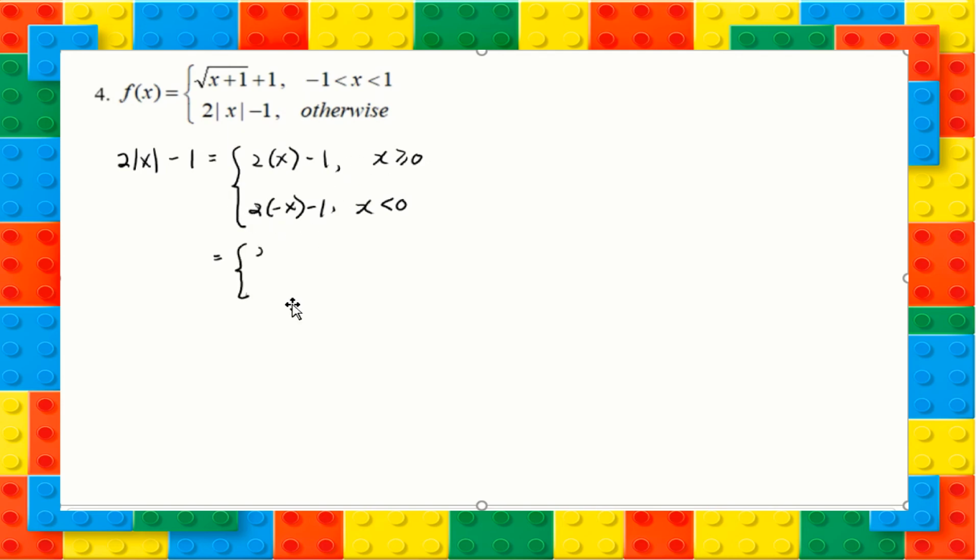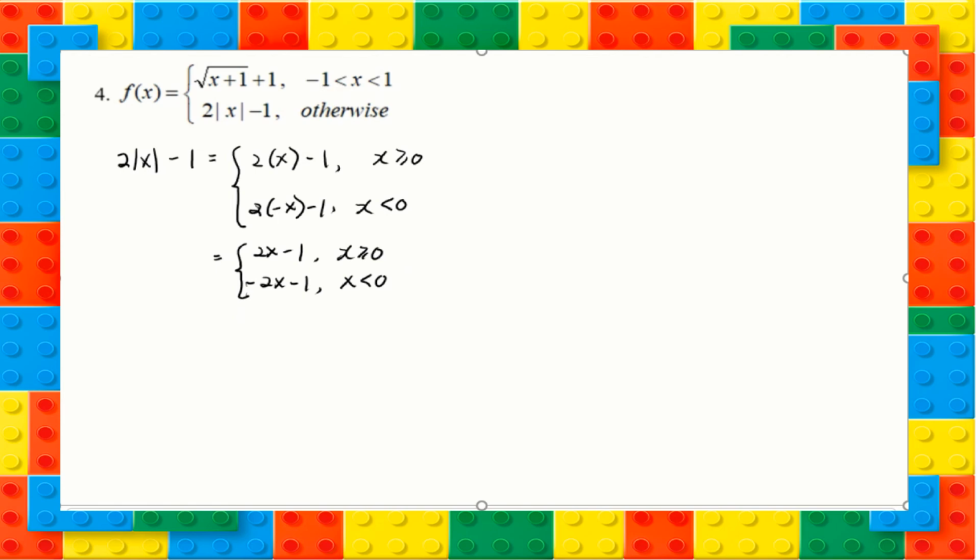Then we get 2x minus 1 when x is greater than or equal to 0, and negative 2x minus 1 when x is less than 0. So after changing the modulus to non-modulus, we get a small piecewise function. Now we need to combine this small piecewise function into the main piecewise function.